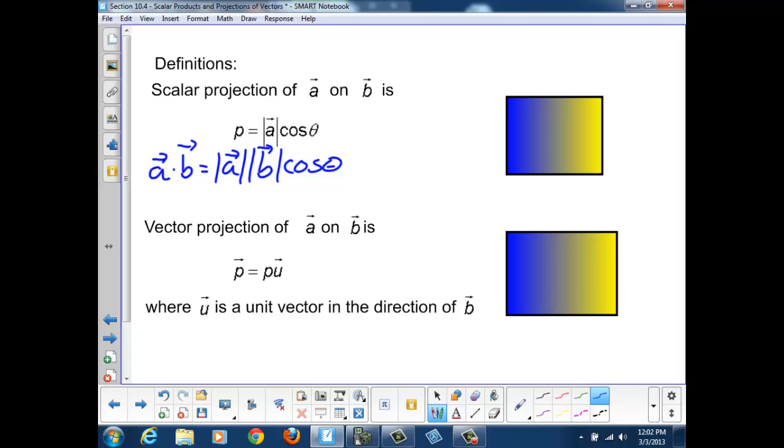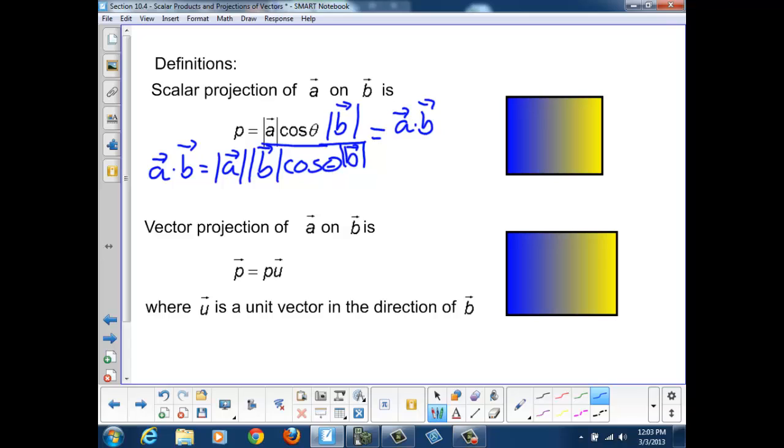And our scalar projection is almost the same, it just doesn't have that length of B as part of the formula. So what I'm going to do is introduce the length of B into the formula, but not affect the overall value, and divide by the length of B as well. And that simplifies because that numerator here is also the dot product.